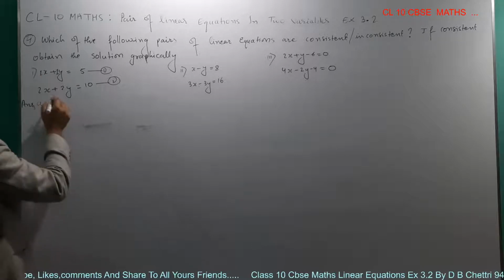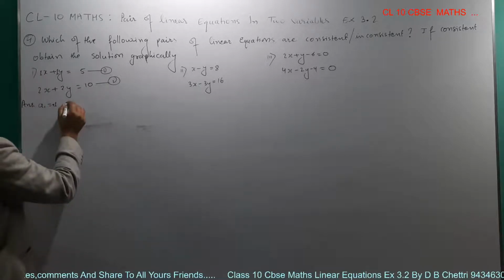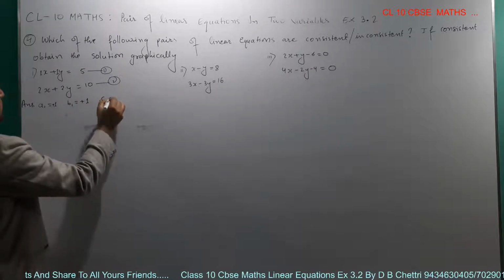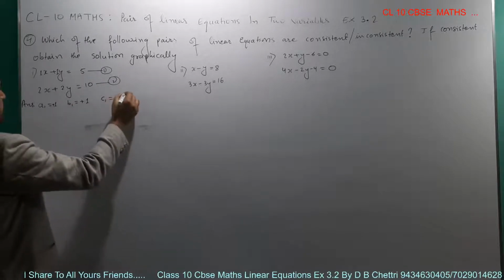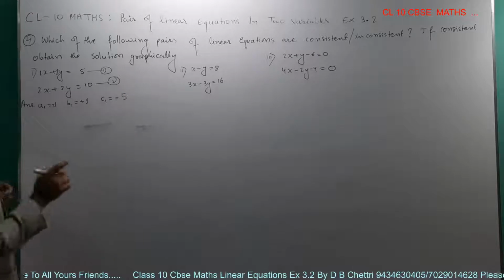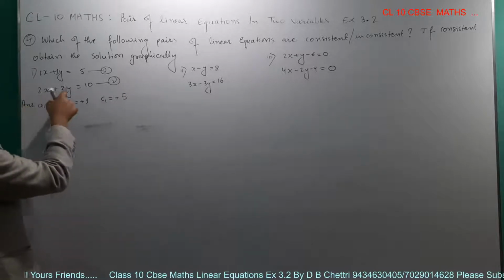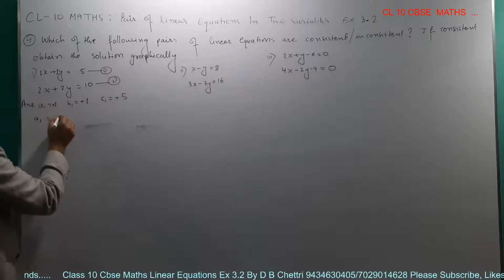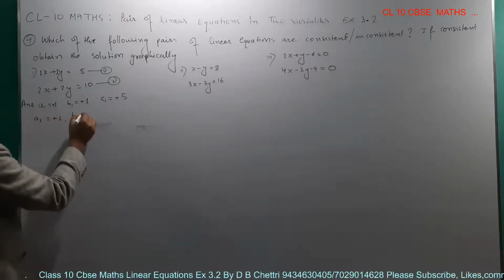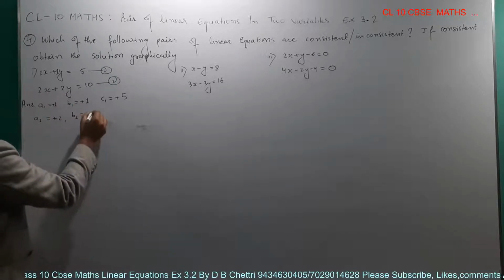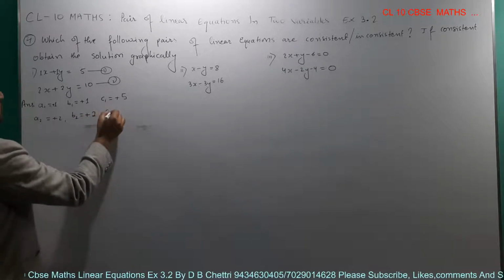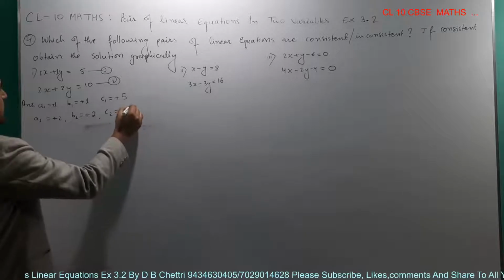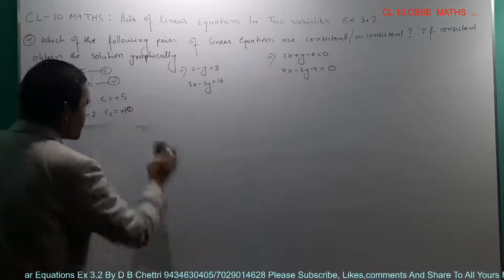A1 equals how much? Plus 1. B1 equals how much? Plus 1. And C1 equals how much? Plus 5. While writing the value, please write with the proper sign. Then A2 is plus 2, B2 plus 2, C2 plus 10.